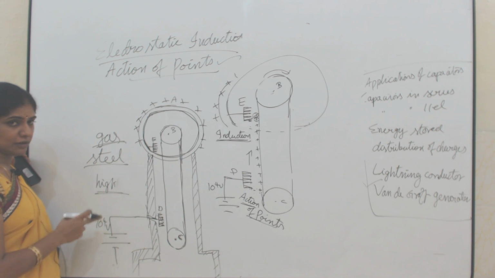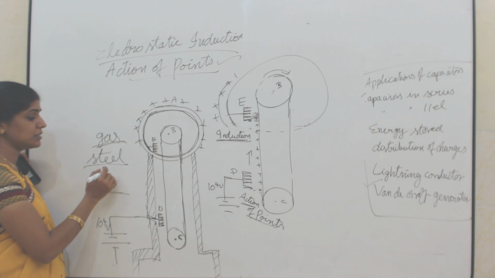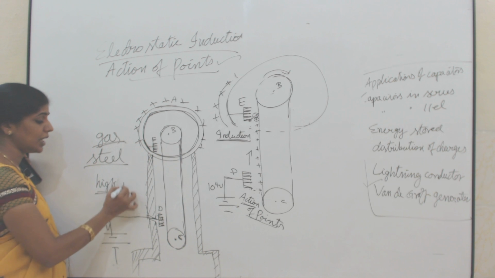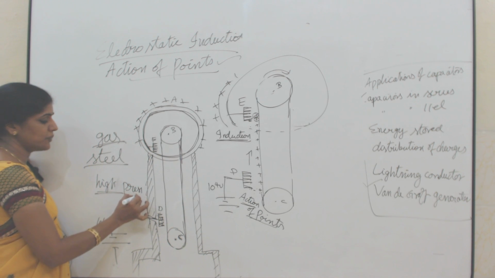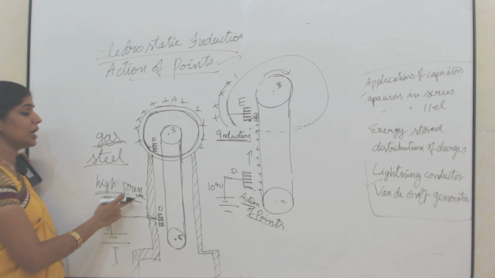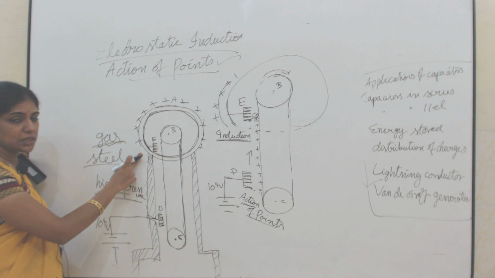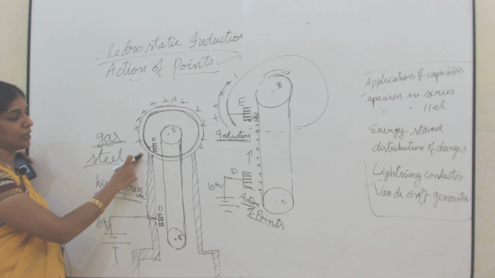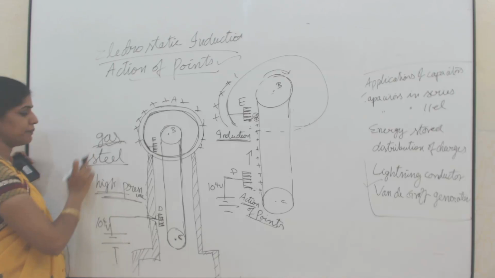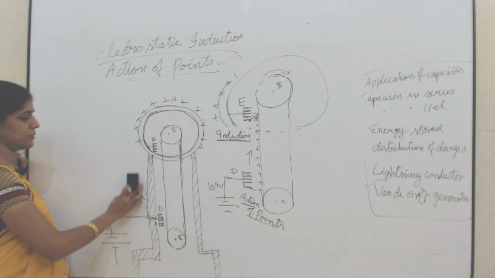The whole Van de Graaff generator, the whole setup, I can place inside a gas filled steel chamber under very high pressure. If I keep it there, I can stop the leakage of charges due to the ionization of air.